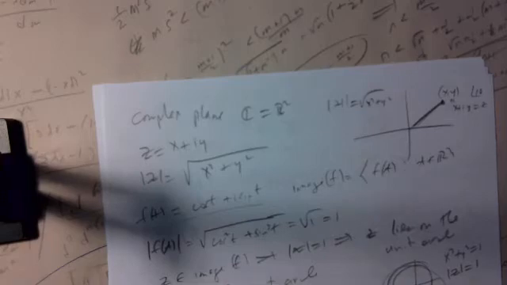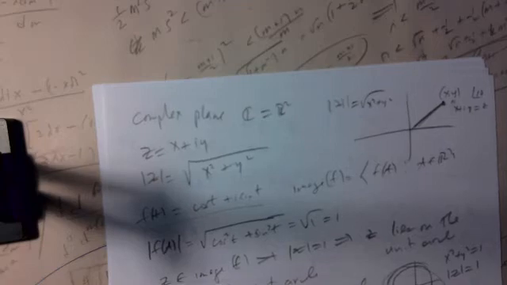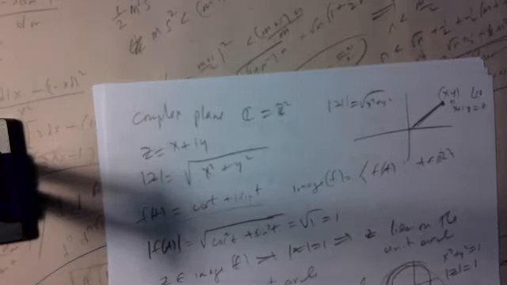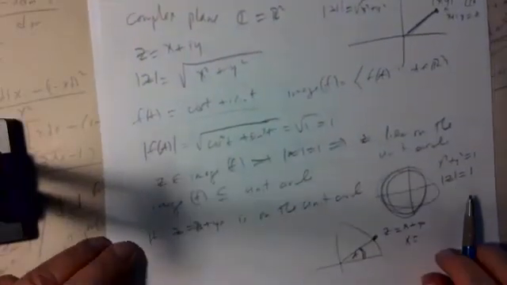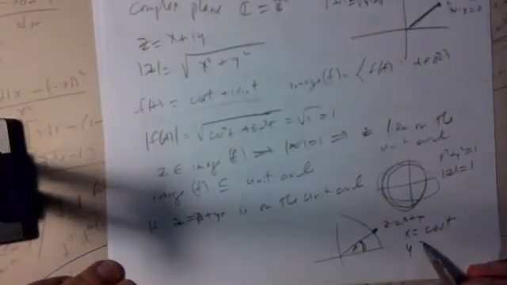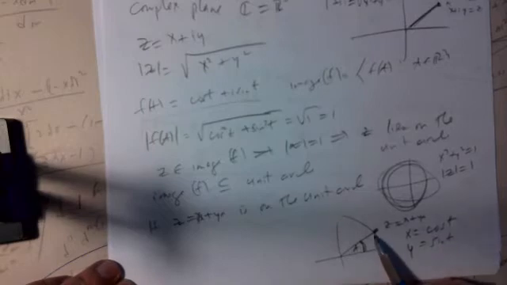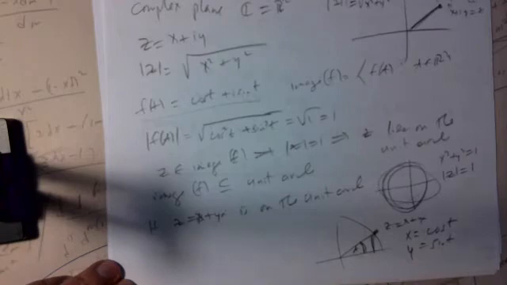On the other hand, if z equals x plus yi is on the unit circle, let me draw a better picture. Here's this point z equals x plus yi. If you let this angle be t, x is cosine t, y is sine t. That's what you learn in pre-calculus. It's just polar coordinates.